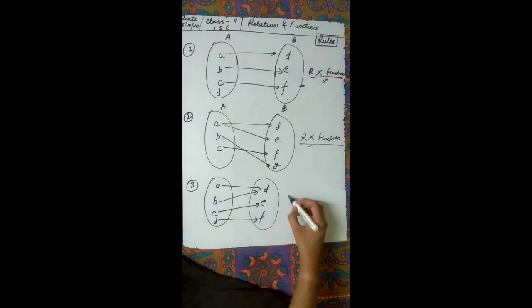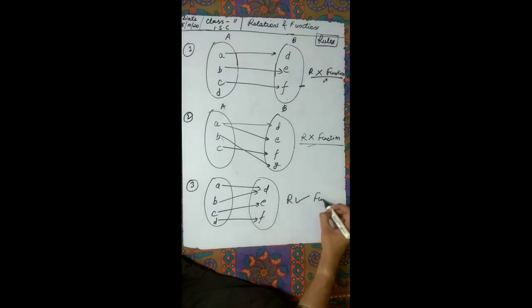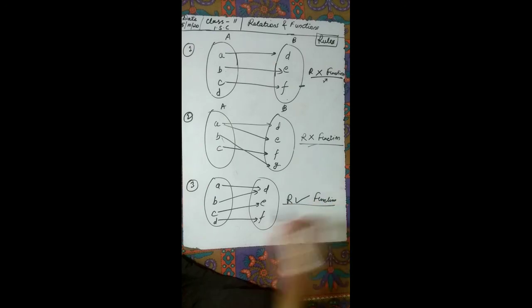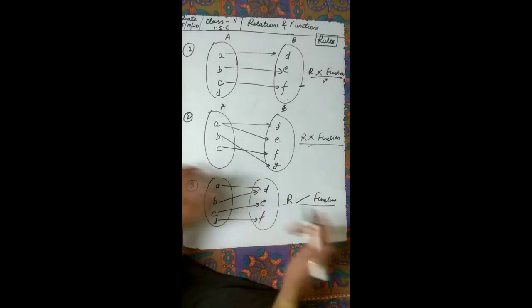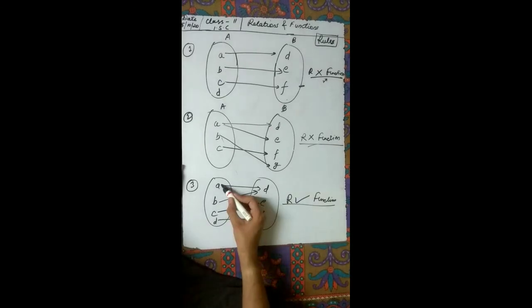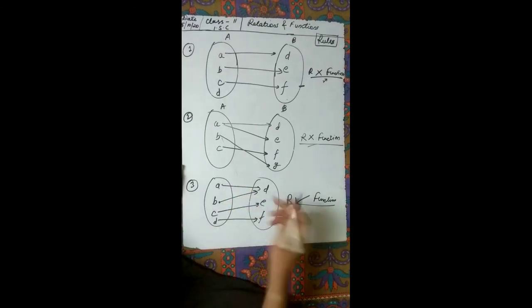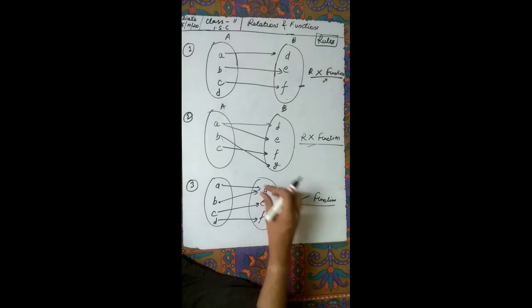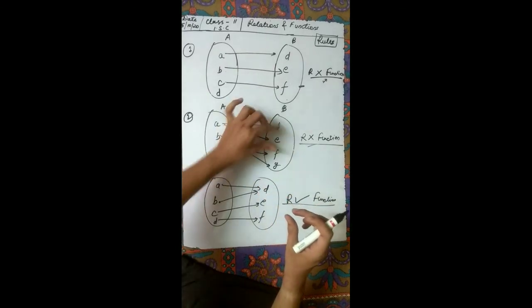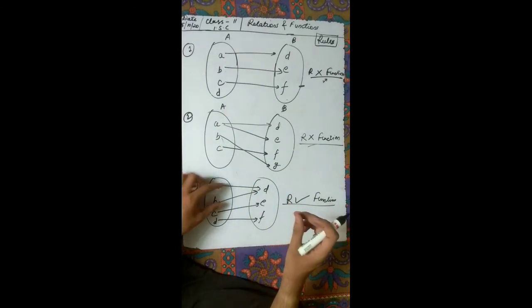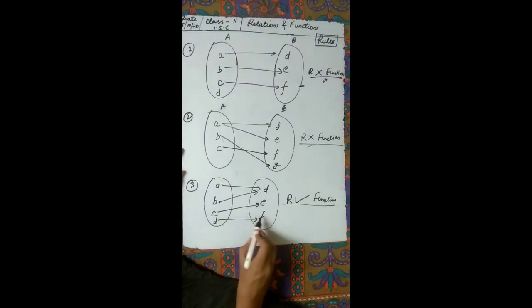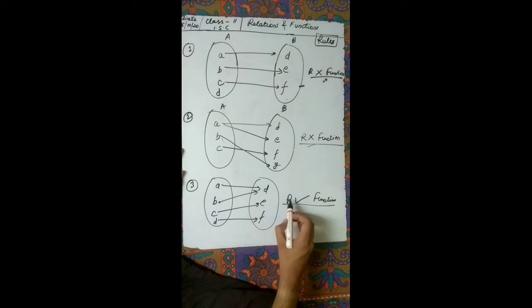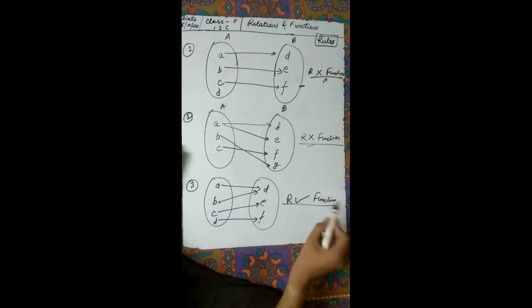Now here the relation can be a function. Why? Because 2 objects can have one image. This is possible: 2 elements in this set can have a common image, but one element cannot have 2 images. As C is related to E, D is related to F, this relation can be converted into a function.